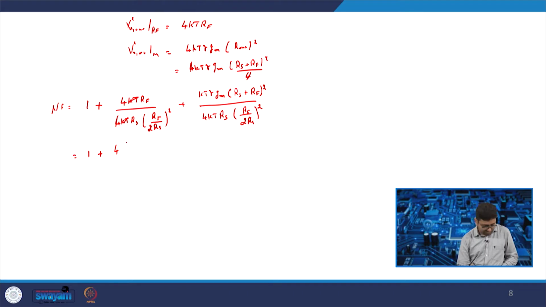One of the RS will go up, and 4 RS will be cancelled out, then we will get 4 RS by RF plus, because this RF is cancelled out and one of the RS is cancelled out, so RS by RF will remain.